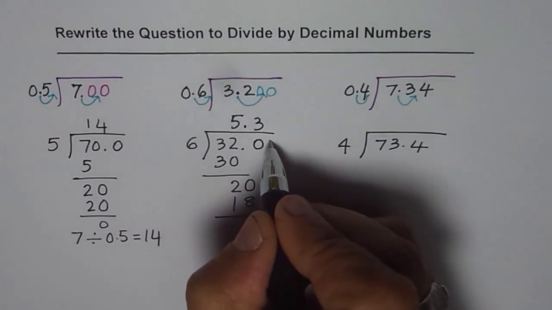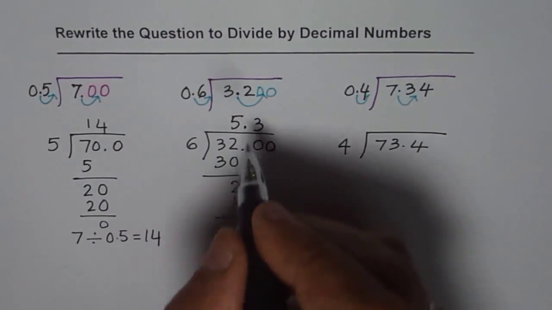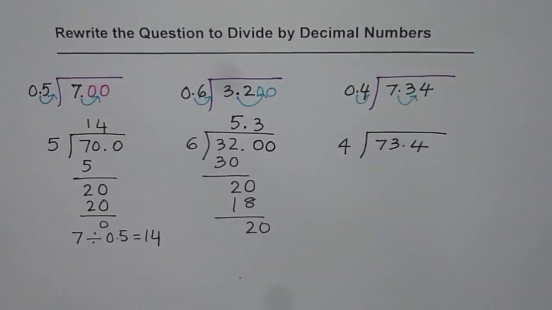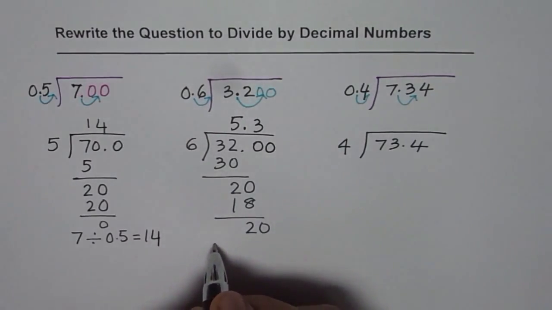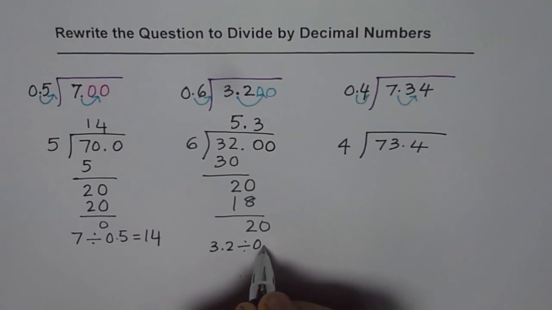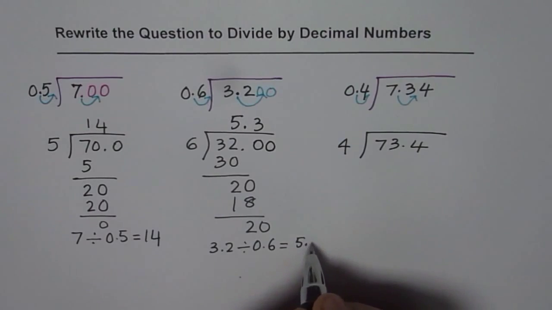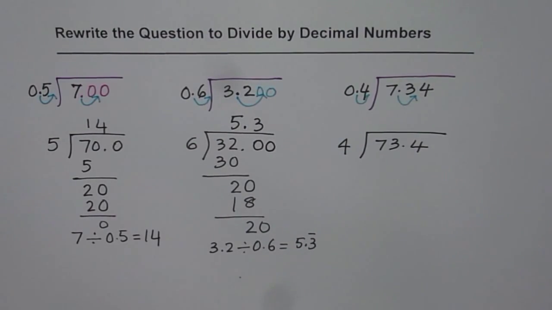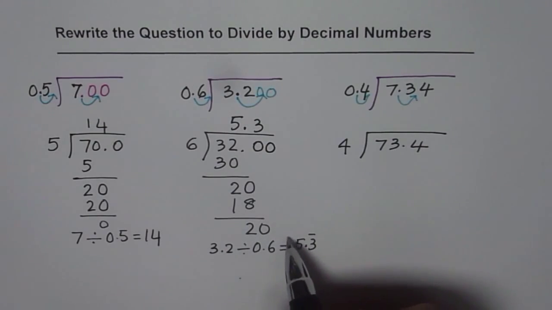You will notice if I put another 0, bring it down, I again have 20, right? That means this 3 repeats, right? Anyway, we can say that 3.2 divided by 0.6 is equal to 5.3, where 3 repeats. Okay, this is another way of writing repeating decimal numbers.